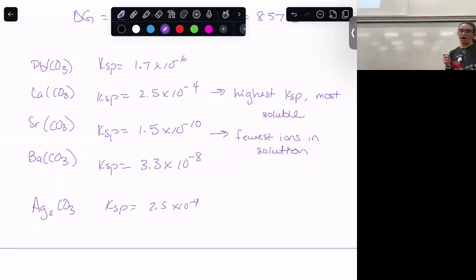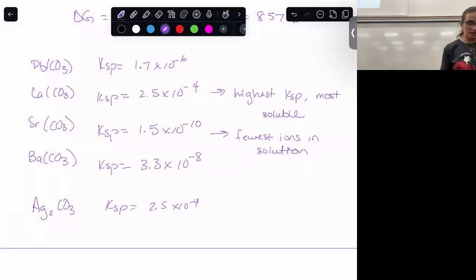One. So how would this compare to the calcium carbonate? Would it be less? It'd be the same. We would probably need to solve for it.